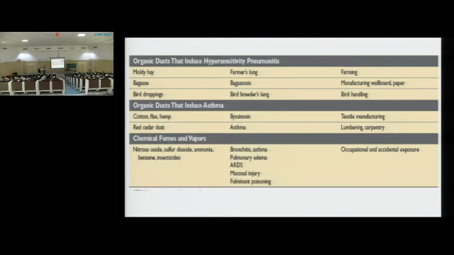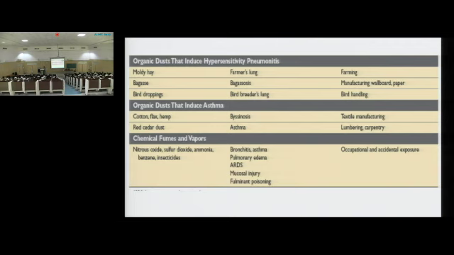Other substances which induce hypersensitivity pneumonitis, organic dust, include farmer's lung caused due to the mold hay. Bagassosis caused due to the bagasse, and bird breeder's lung caused due to the bird droppings. Byssinosis is caused due to the cotton fibers, those persons who are exposed in cotton industries, raw cotton industries.